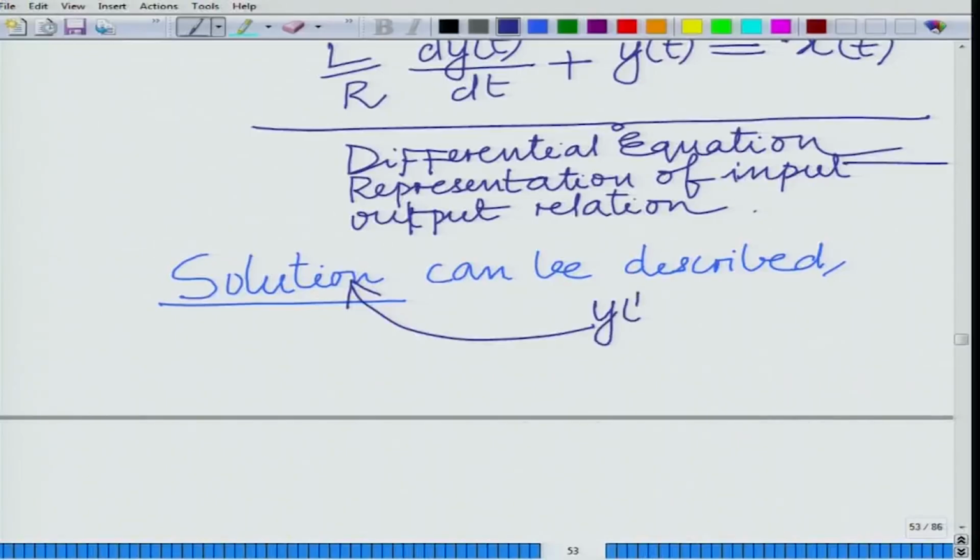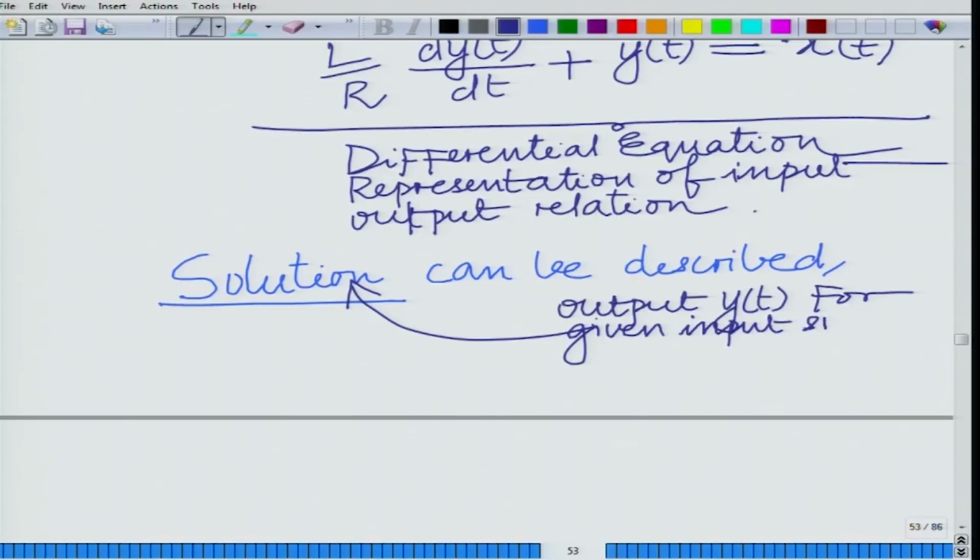So, given an input signal x(t) to the system, we desire to find the output signal y(t).